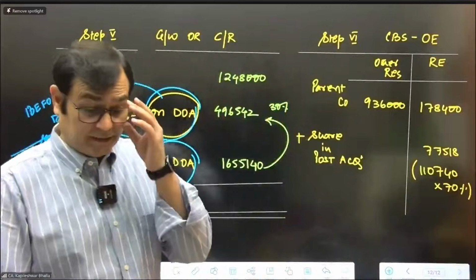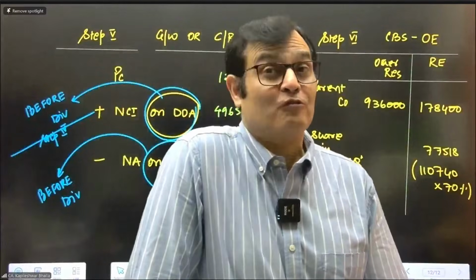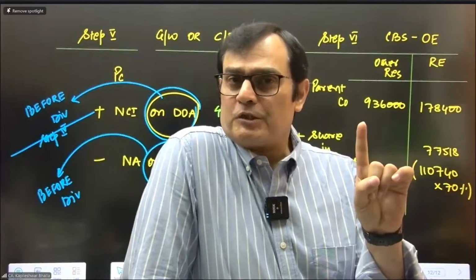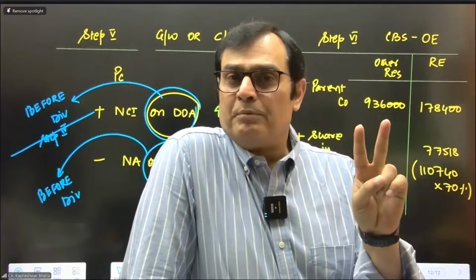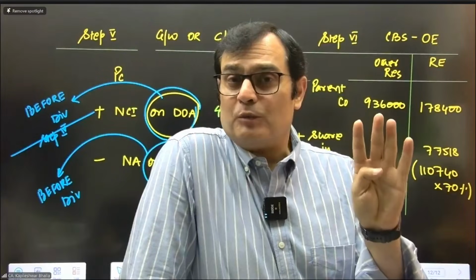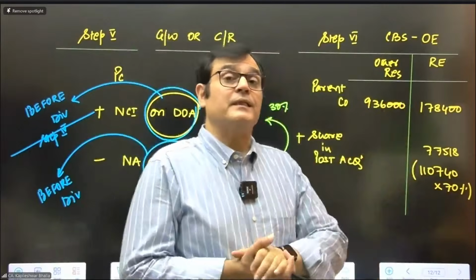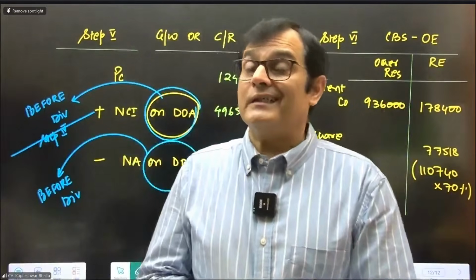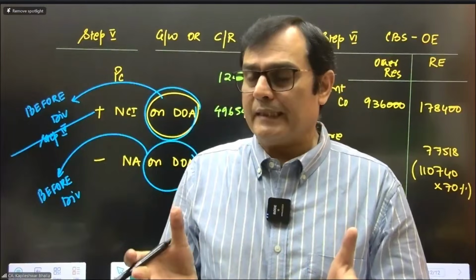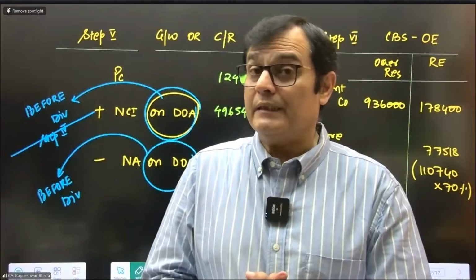Now I would say the focus switches from three points to four focus points. You take care of the share in post-acquisition profits, one. You take care of the goodwill impairment, two. You take care of the stock reserve downstream, three. And now the fourth one, which is the additional point: the profits of the parent company are after crediting the dividends received from the subsidiary. So what he did was correct. The subsidiary paid a dividend, he credited that to his retained earnings.